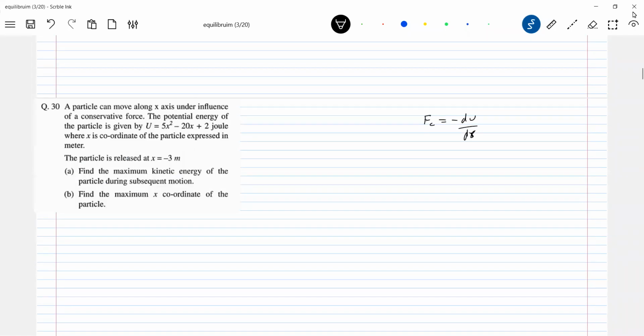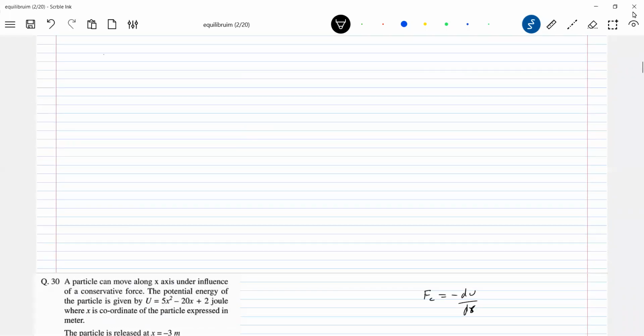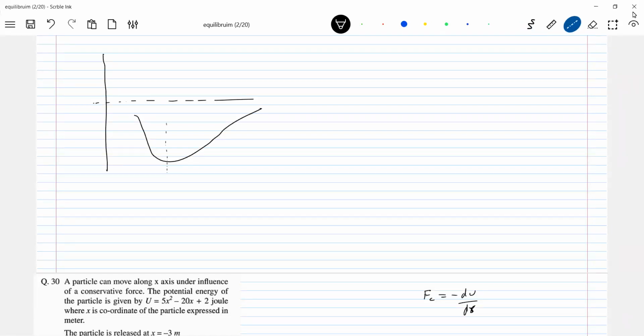Let me take you back to this one. Suppose, say here, let me take one function itself. So this is the potential energy U and this is r.